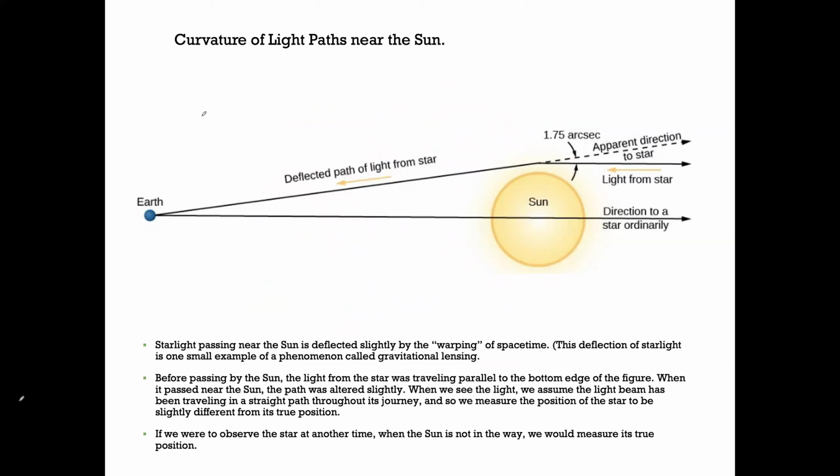Now, this is another phenomenon that happens. Starlight passing near the Sun is deflected slightly by the warping of space-time, and you have probably seen it even in one of these previous images.